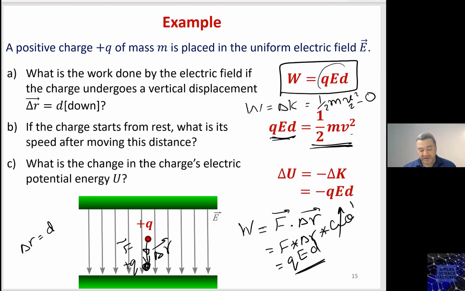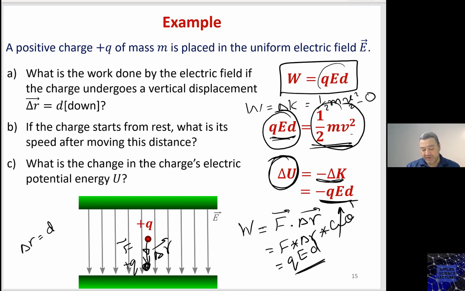What is the change in the charge's electric potential energy? Now, back to the change, which is delta U. This delta U is minus delta K. And I know delta K is half m v squared, or qEd, they're equal. Then my difference in the electric potential energy is minus delta K if I want to represent it in kinetic energy, or minus qEd if I want to represent it as work.